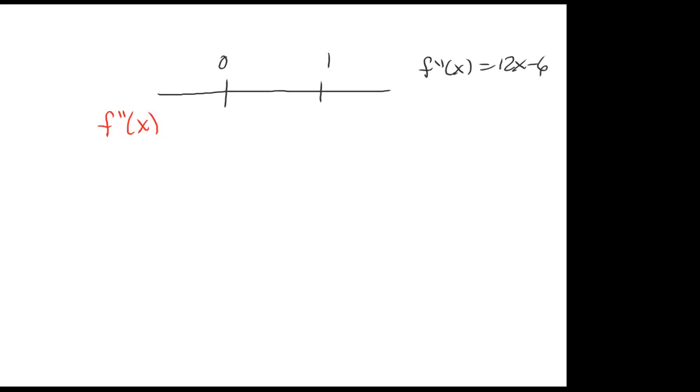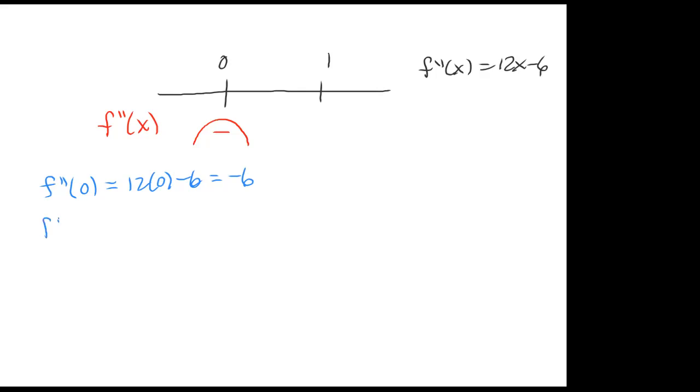So let's see here. F prime prime of 0 is equal to 12 times 0 minus 6, which is negative 6. All that I really care about is the sign. The sign is negative here, therefore the graph is concave down. Let's test the other critical point.